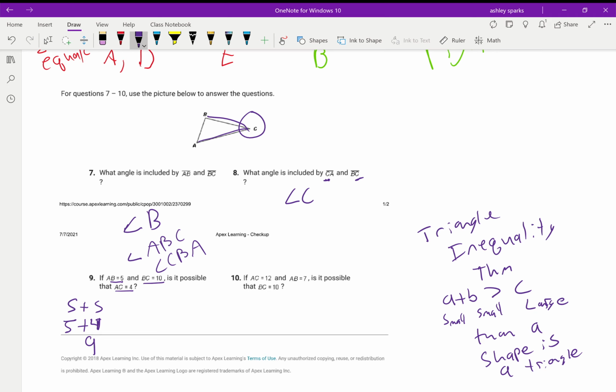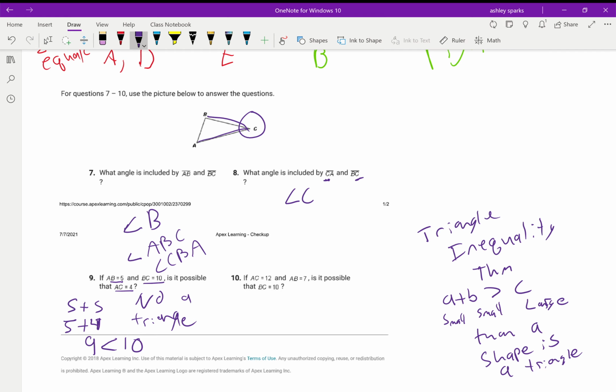And the question you want to ask yourself is 9 bigger or smaller than 10? Well, 9 is smaller than 10. It gets the small side, which means it fails our triangle inequality theorem. So this is not a triangle because I need that 9 to be bigger than 10. So you add the small ones together and compare it to the big one.